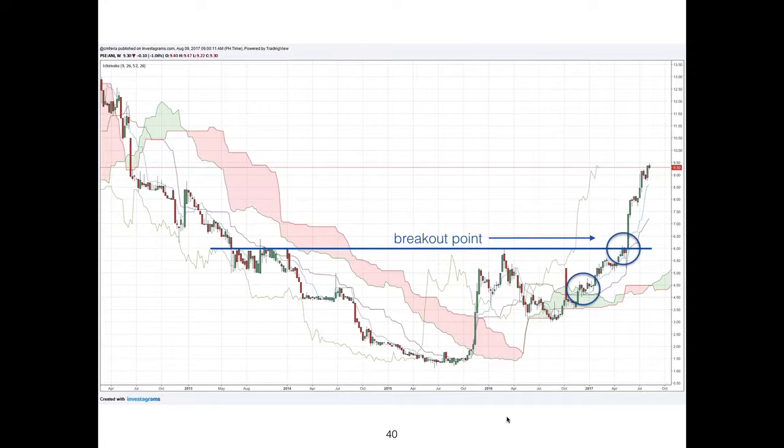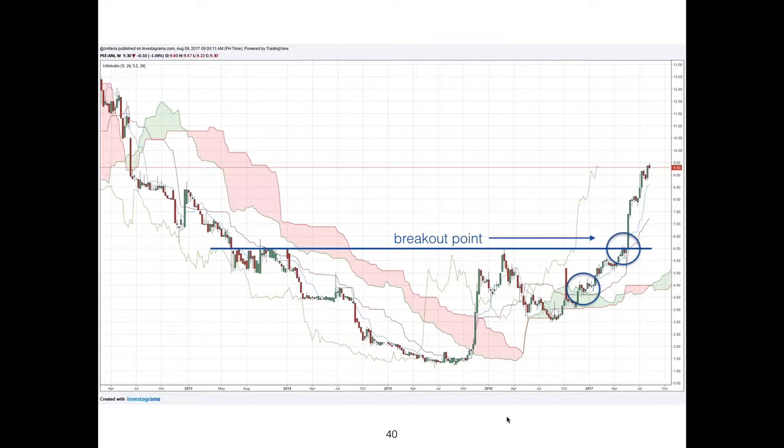This handle had been forming above the kumo. And then price broke above the kumo. And then prices broke above that breakout point. Now price stayed above the Tenkan-sen.